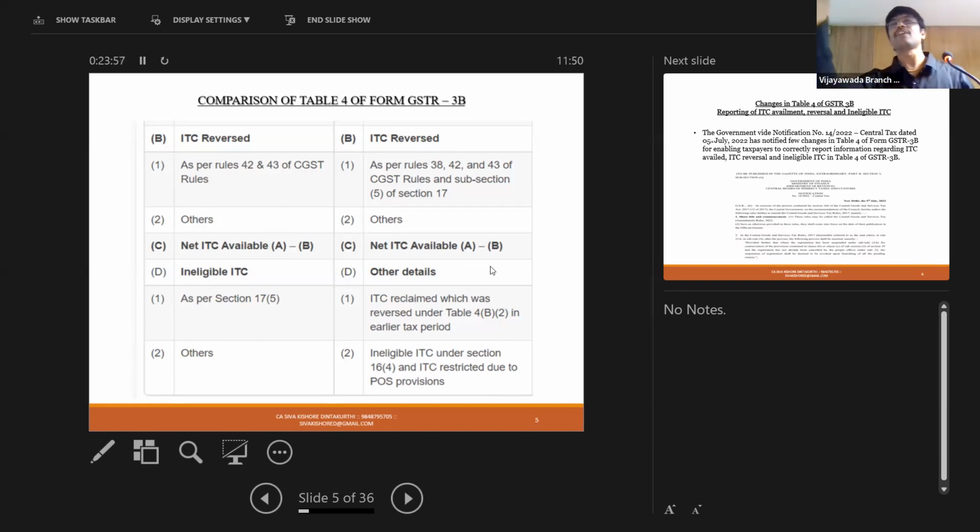For which financial year are you going to file GSTR-9C? Financial year 2021-22. How many months? 12 months, unless the dealer takes registration in the middle of the year. The first 9 months, April 1, 2021 to 31st December 2021: what is the credit criteria? 2A plus 5%.